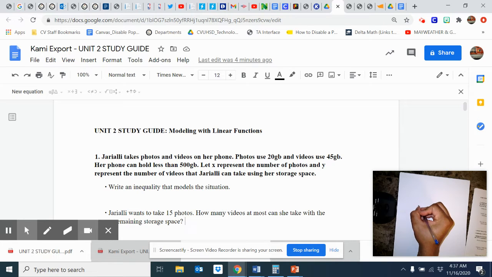is for her storage space. And we're going to say for photos, it was 20 gigabytes. So 20x, 20 per photo. And then 45 gigabytes per video.